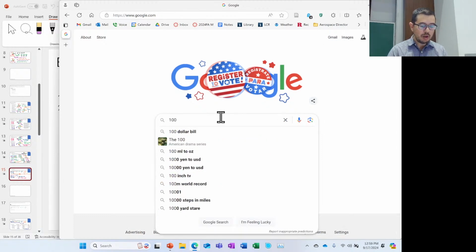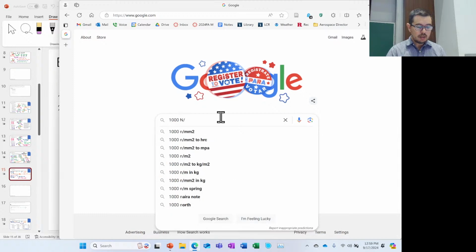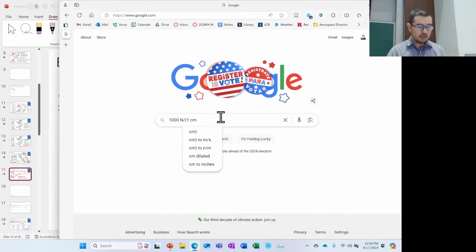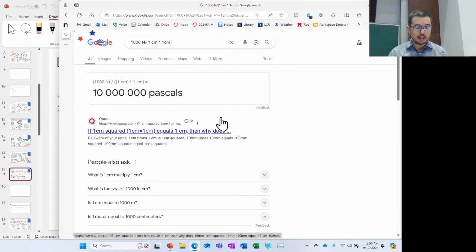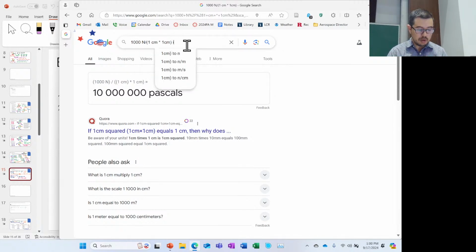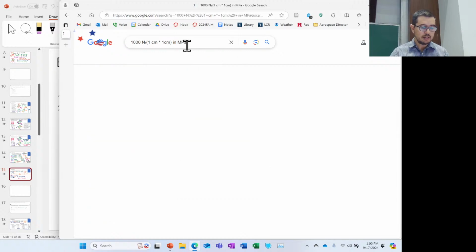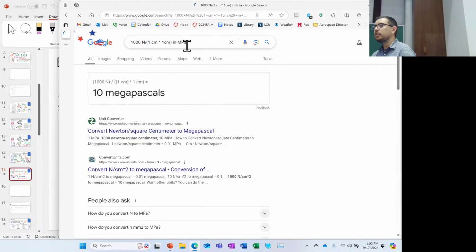So we said we have 1,000 newtons divided by 1 centimeter times 1 centimeter, okay? It keeps track of things nicely, and then you can say, I want it in units of megapascals, and it will do all that conversion for you.